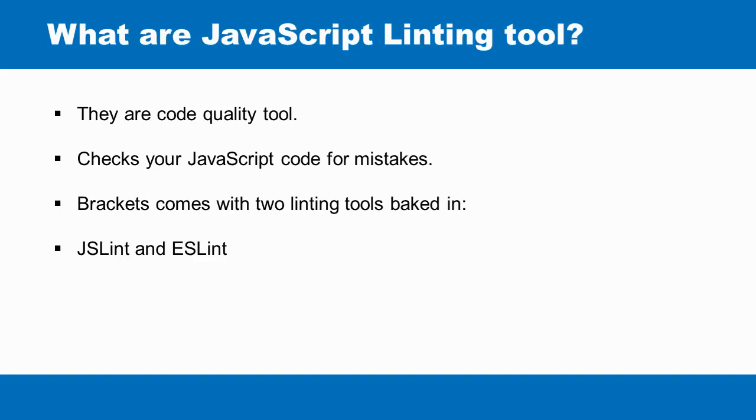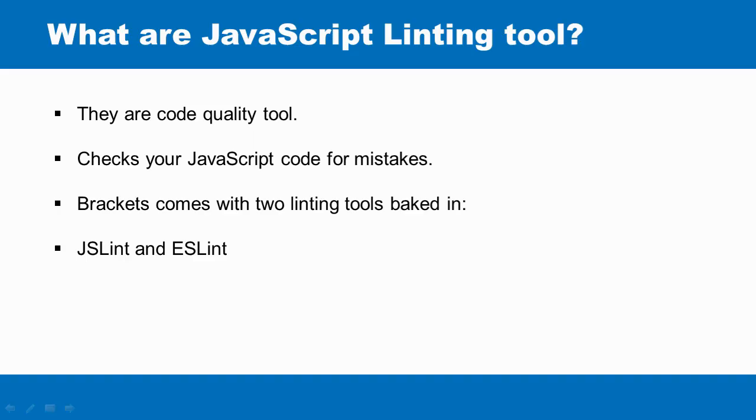So they can check for things like syntax errors, or if your JavaScript code is not valid, it will highlight such errors. So once you've got your JavaScript file populated, or you've got some code on it, it is there behind the scenes constantly scanning your JavaScript file for any errors, and it will highlight them in the error window within Brackets.